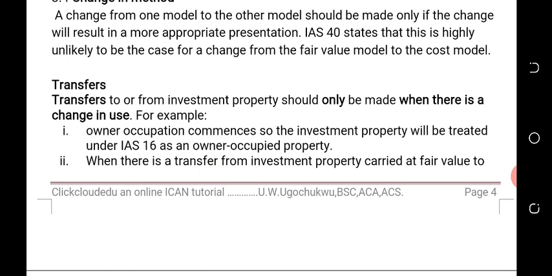Now, as I explained before, we can change the usage of a property, which is what is meant by transfer. So you can transfer a property from investment property to IAS 16, owner occupied property. Transfer to or from investment property should only be made when there is a change in use.